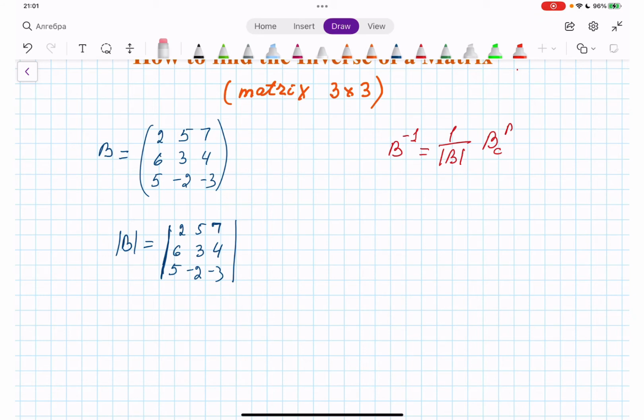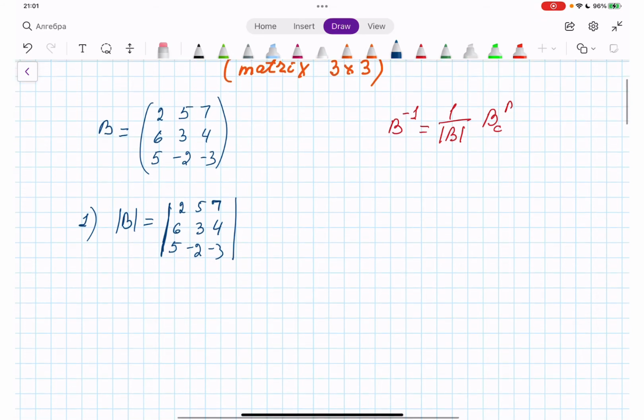I'm going to use the second method here. We take the first element, scratching 2, crossing over that column and row, and we get 2 times whatever is left: 3, 4, -2, -3.